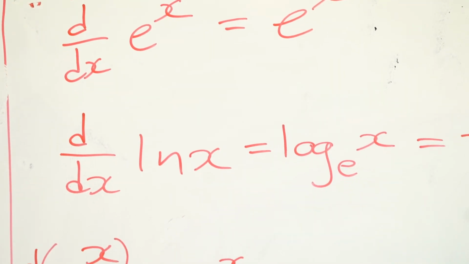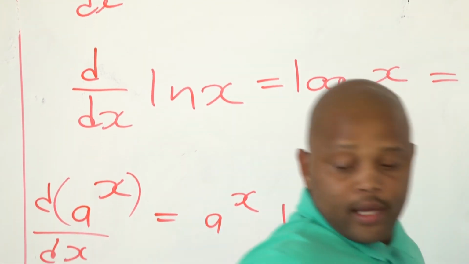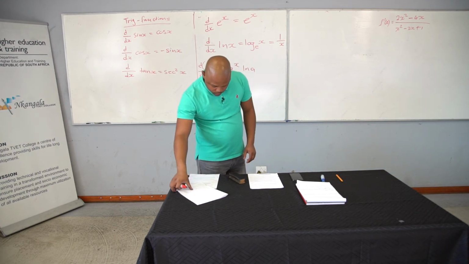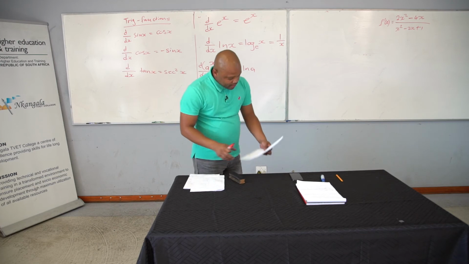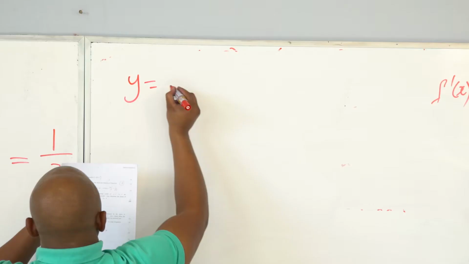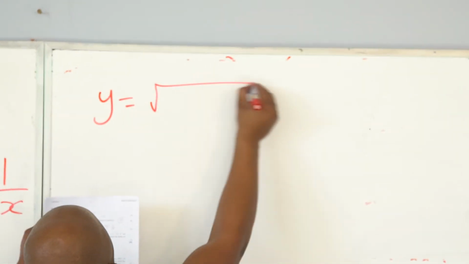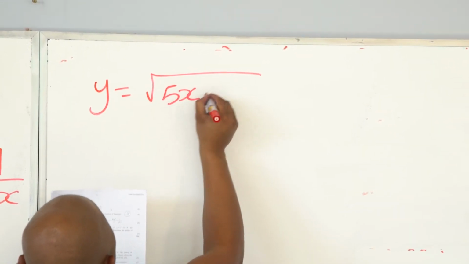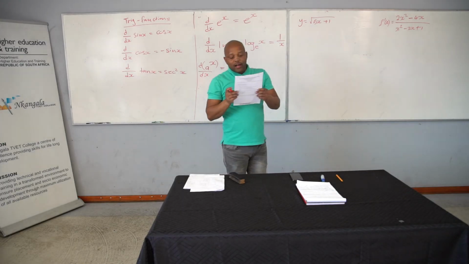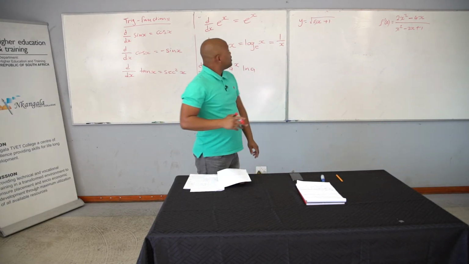So let's look at a past paper and see what they have here. I have y equals the square root of 5x plus 1. They say using the chain rule, differentiate that function.